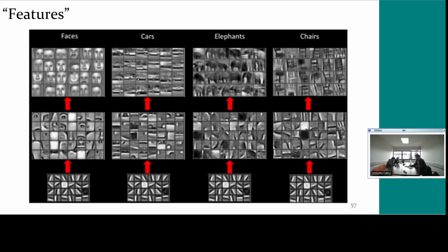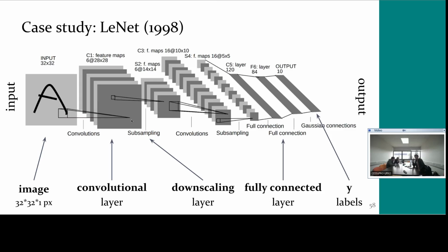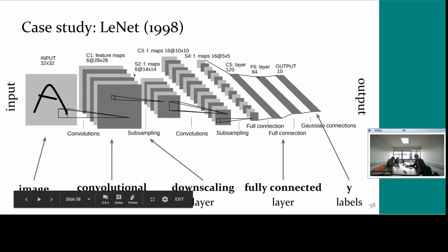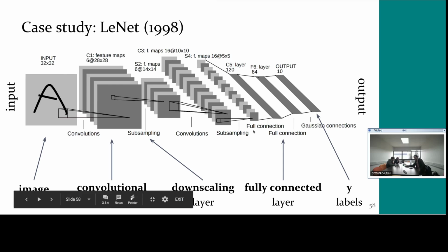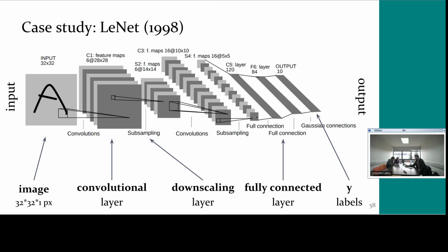That's easy. Then there is some sampling or downscaling, basically taking this image and making it half the size, and then again another convolution, and another downscaling, again half. And here we have these really tiny, now 5 by 5 images.